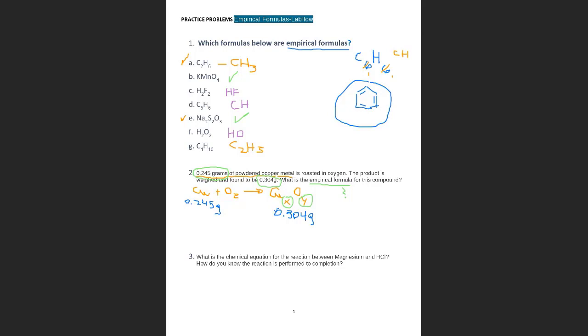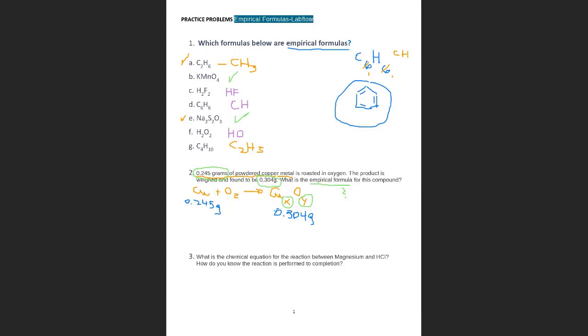So when you are calculating the empirical formula, the first thing you have to do is look at the product, and you have to have the grams of each element in the formula.